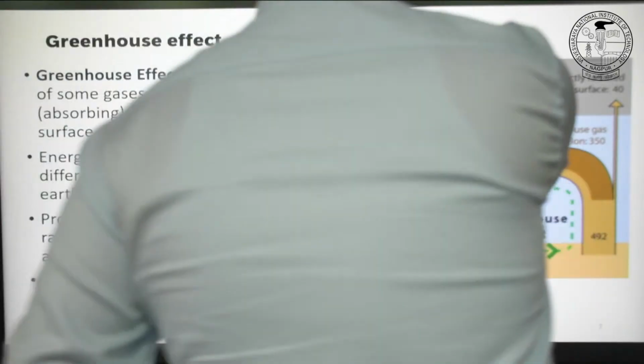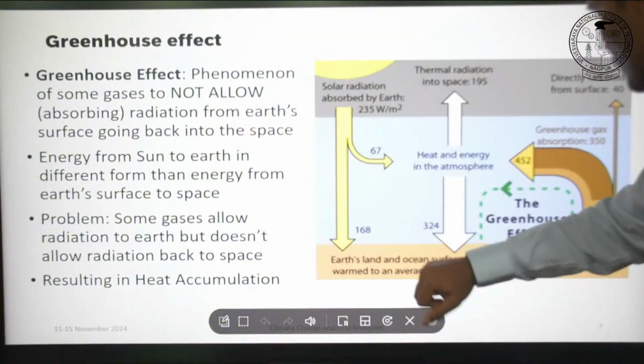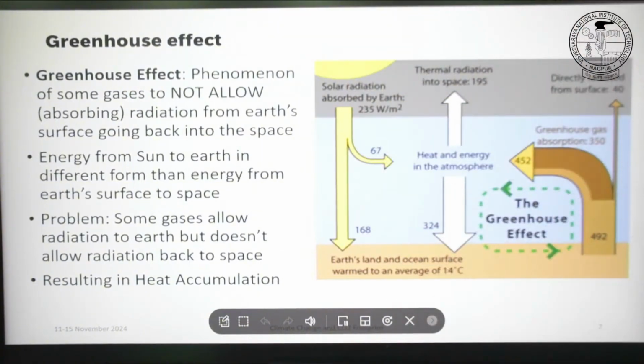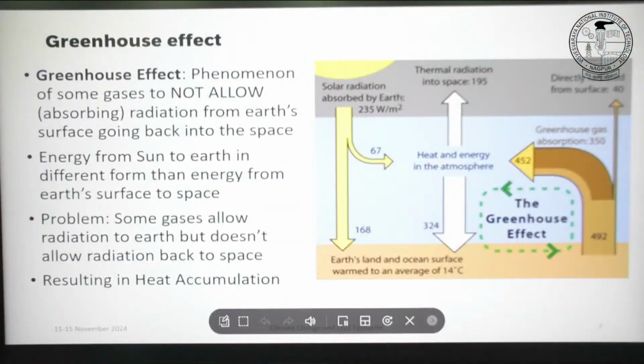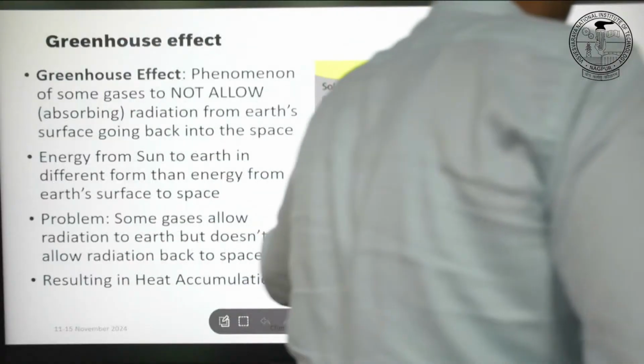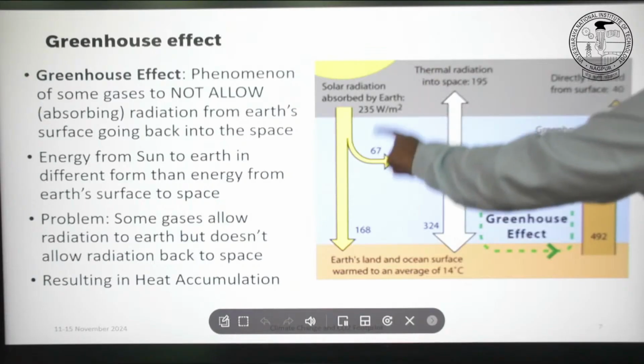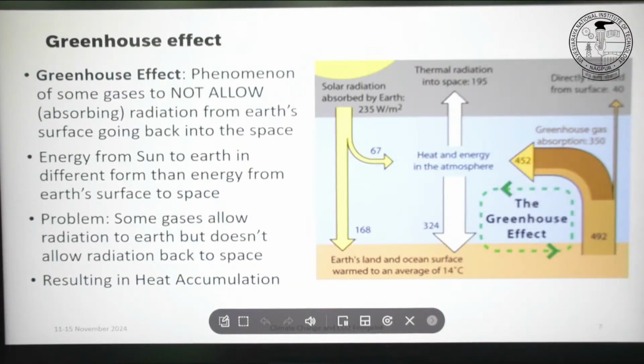That's the solar radiation we get. This is something Earth absorbs. And these greenhouse gases, CO2 is one of these gases, do not allow the re-radiation of this heat coming from the sun back to the upper atmosphere. And that's the problem.